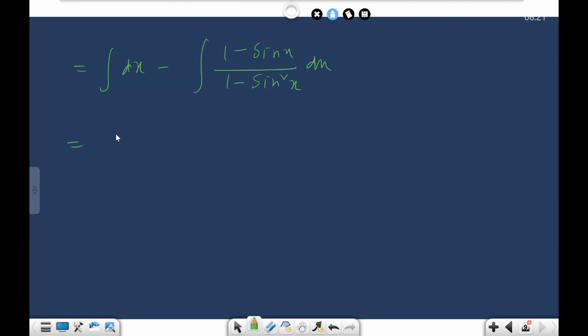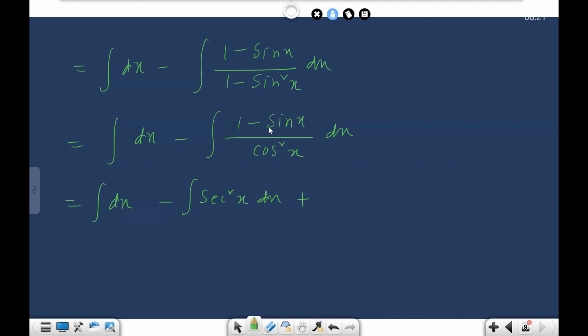So this is equal to integration of dx remaining the same, minus integration of 1 minus sine x divided by cos square x, and then dx is already there. It is equal to integration dx, minus 1 by cos square, so you can write secant square x dx, then minus and minus makes it plus, integration of sine by cos square, which is sine by cos into cos, so sine by cos is tan and 1 by cos is sec, so you can write this as sec x into tan x dx.